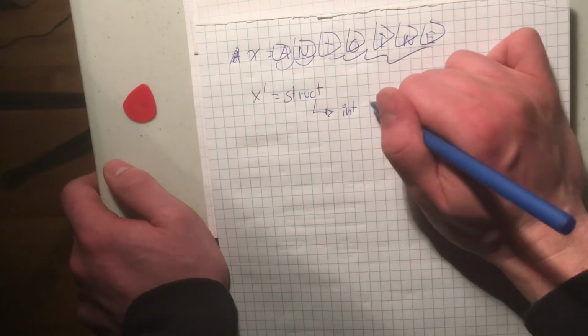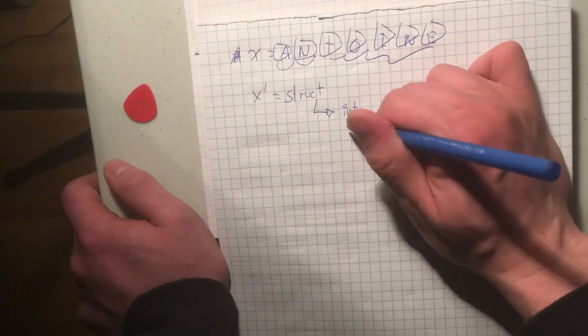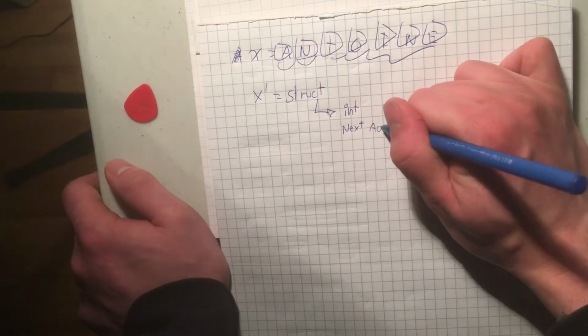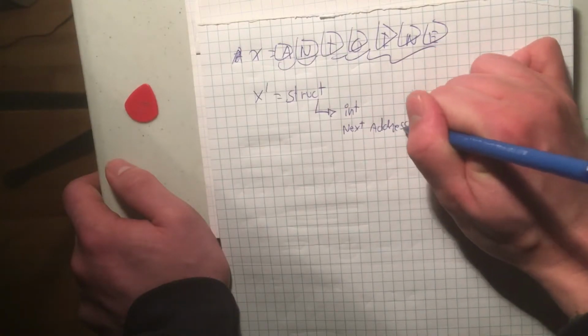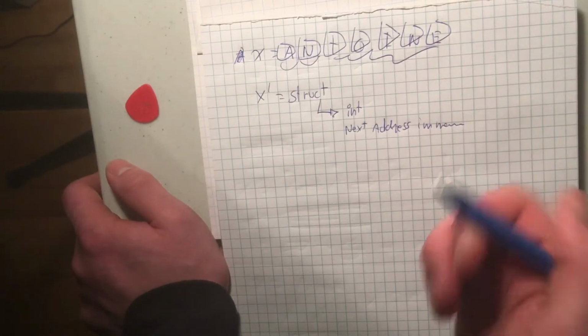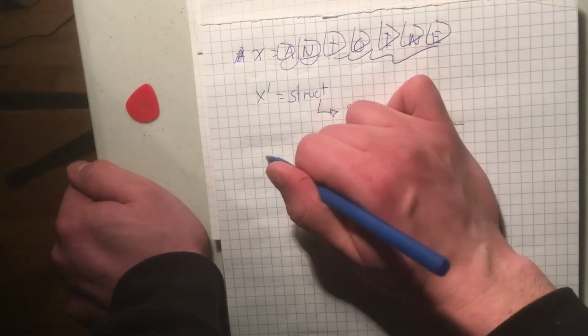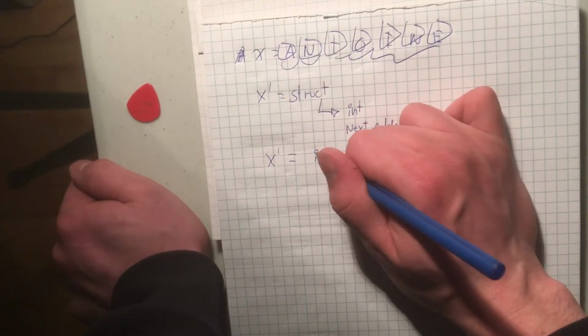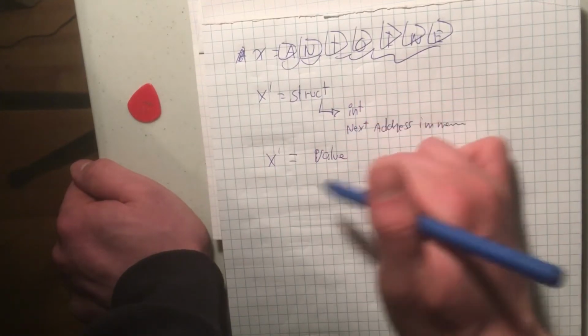So it's going to have an int value. It's also going to have the next address in memory, right?